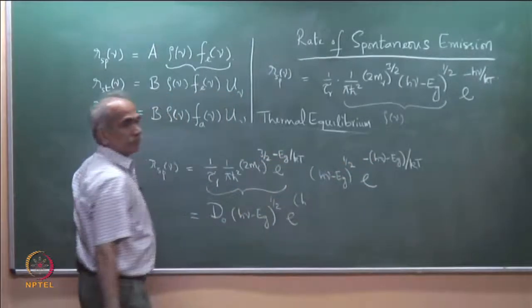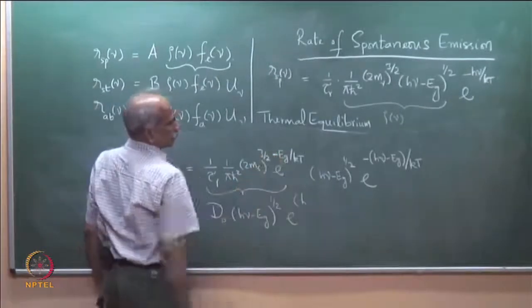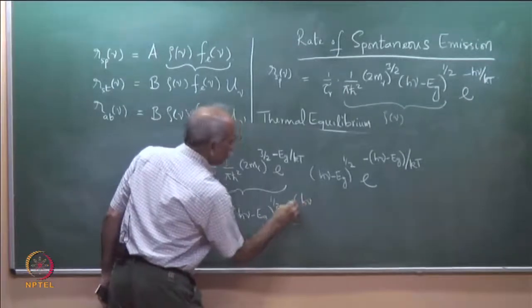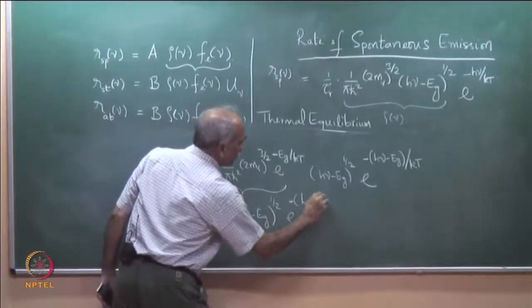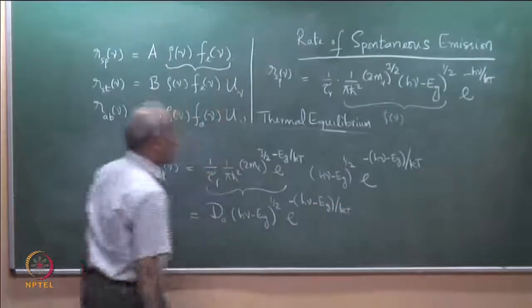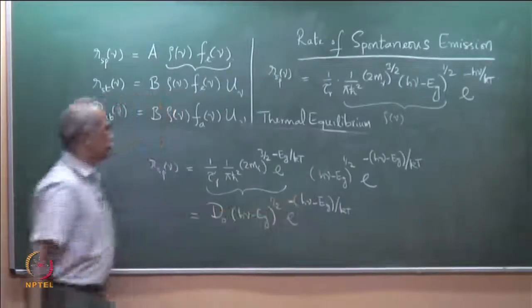Please correct it. So, e to the power minus h nu minus Eg, because h nu is greater than Eg. So, please correct this.